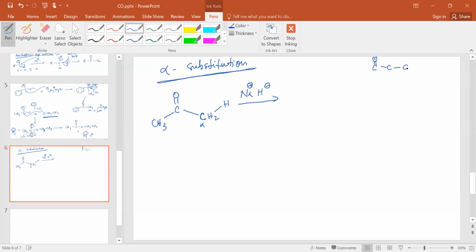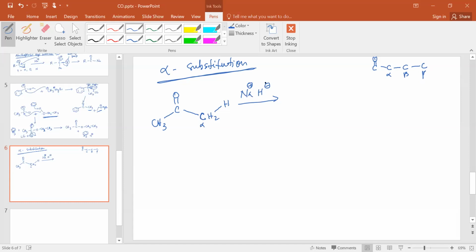The next carbon will be called beta carbon, the next gamma and delta and so on. So alpha, beta, gamma, okay? Mostly we'll talk about these. This is one of the nomenclature things that we frequently use.